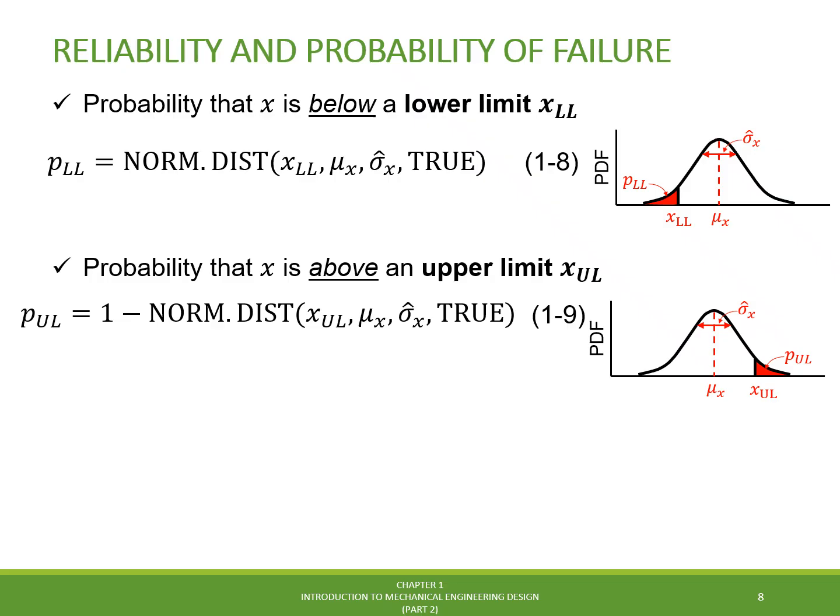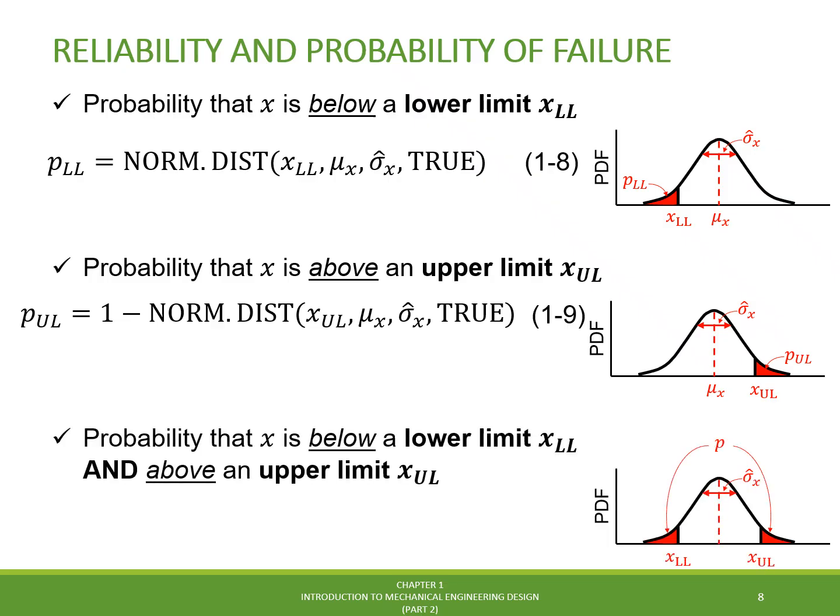And then we need to use the NORM.DIST function this way according to equation 1.9. It's going to be given by 1 minus whatever value is given by the NORM.DIST function, in which the arguments are going to be the upper limit value, the mean value for the random variable, the standard deviation, and the TRUE statement.